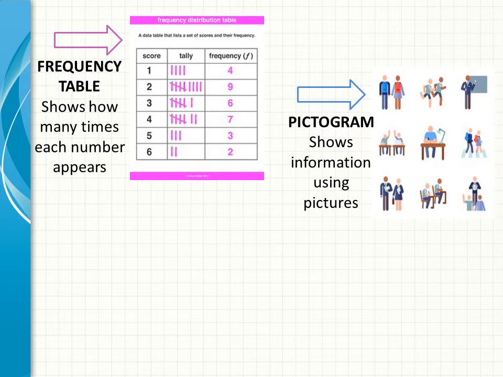Okay, then if we said, how many people are currently on their way either to the class or on their way home? How many people are currently on their way home from school? We have 2 people crossing the road on the second row of the picture, the last picture on the second row.